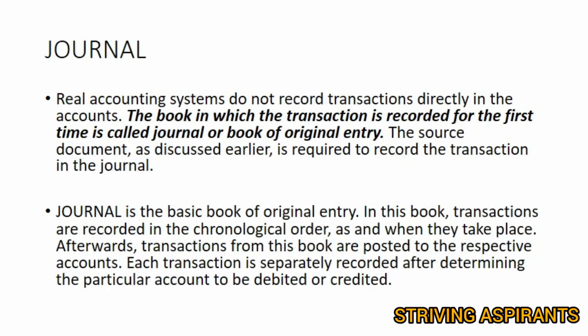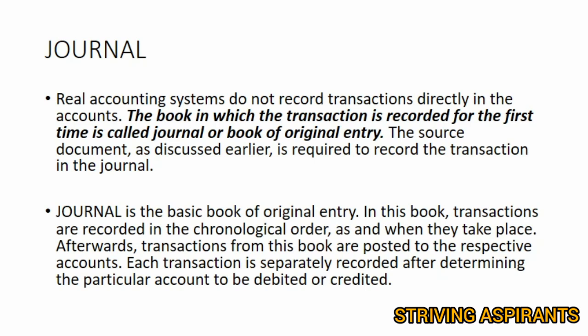After we have got the source document in our hand, we will proceed to the journal. So what is a journal actually? The book in which the transaction is recorded for the first time is called the journal or book of original entry.